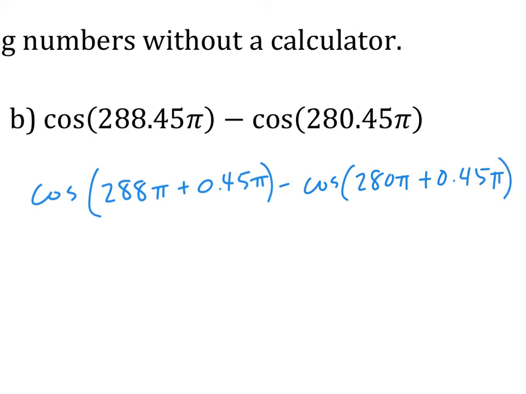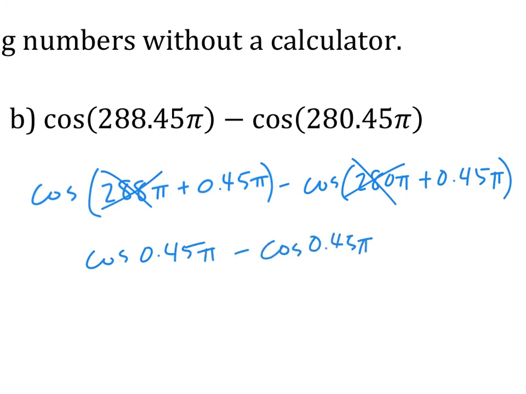Okay, it's already a big hint. What should we do next? Okay, but why? They're even, they're multiples of 2 pi. Multiples of 2 pi go back to the same place. So this is cosine of 0.45 pi minus cosine of 0.45 pi. So it's 0.